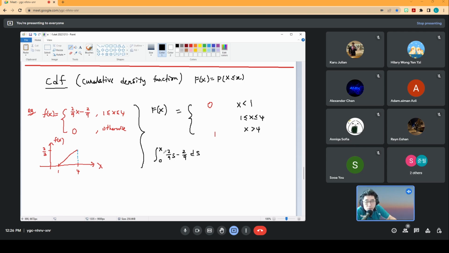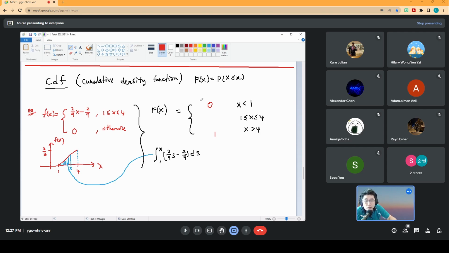We will write it like this, accumulated not from 0, but from 1 to x. These expressions represent the area accumulated up to a certain value x.